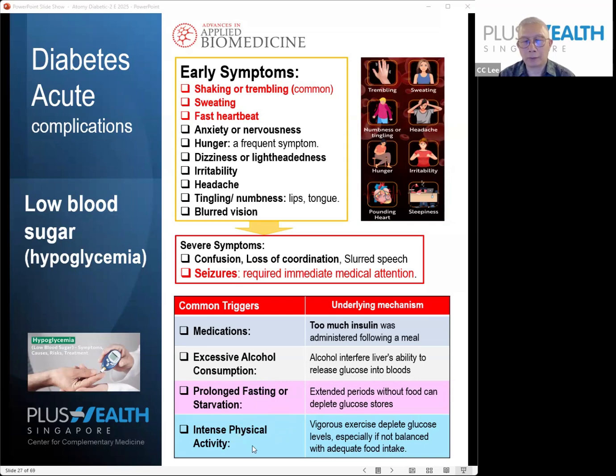Also very important, the diabetic patient should refrain from intense physical activities. Vigorous exercise will deplete the glucose level. If you want to exercise, you should eat some food first before you exercise.